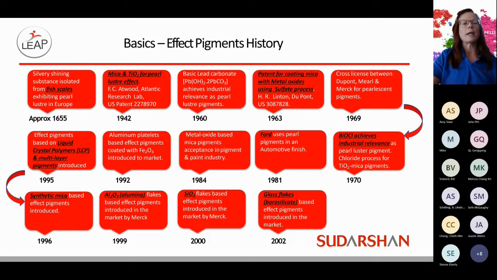Fast forward to 1963, where DuPont had another patent for coating micas with metal oxides using a sulfate process.